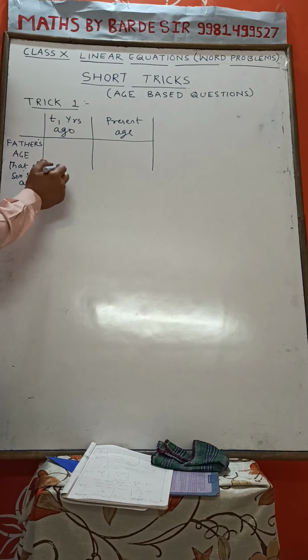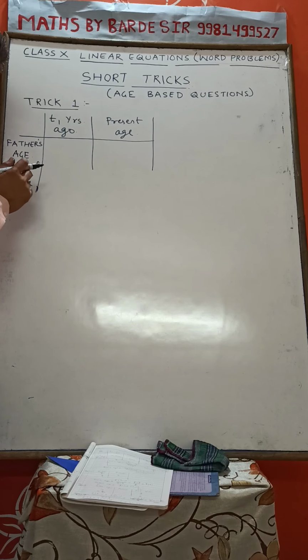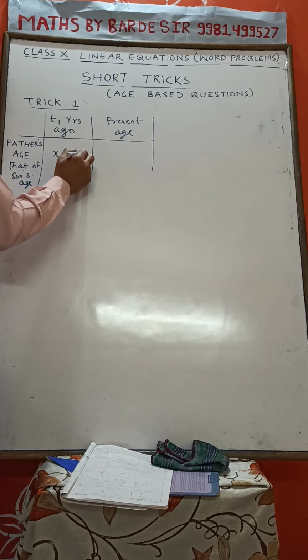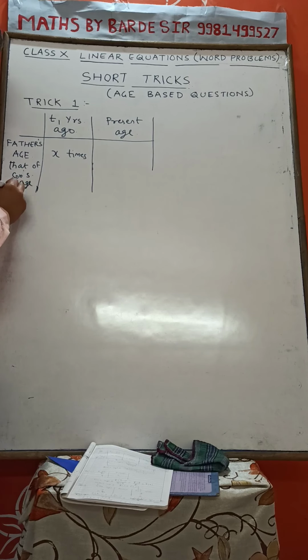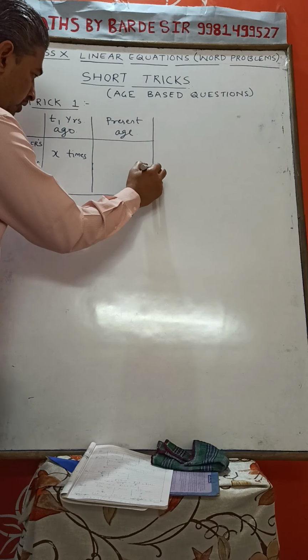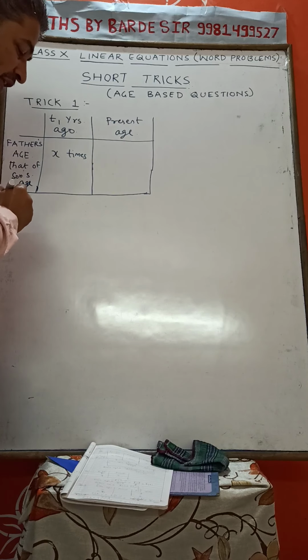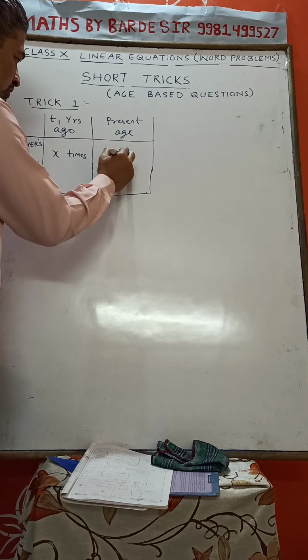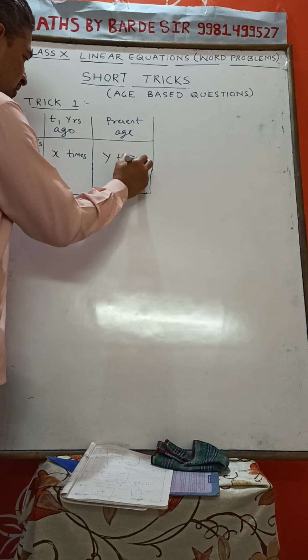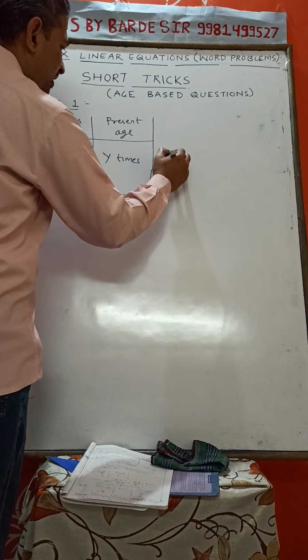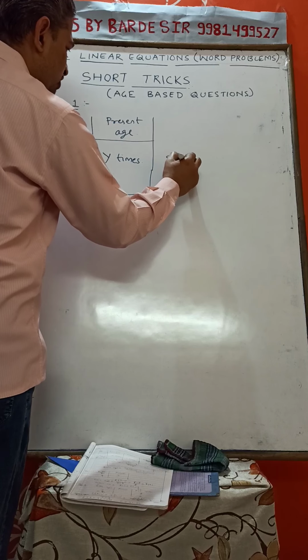If T1 years ago father's age was X times that of son's age and present age of father is Y times his son's age, it is a very simple calculation to find son's age.